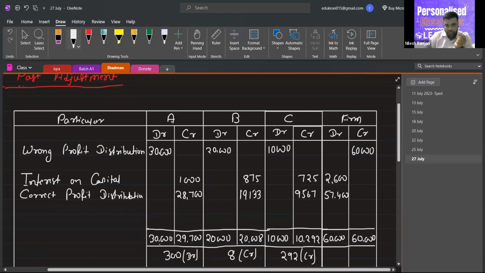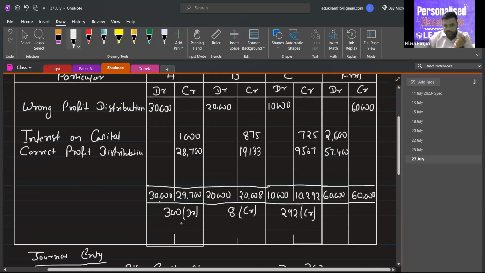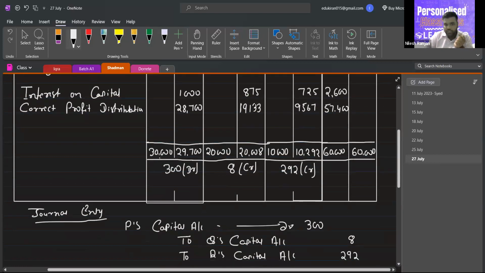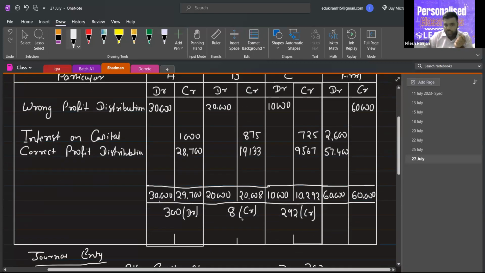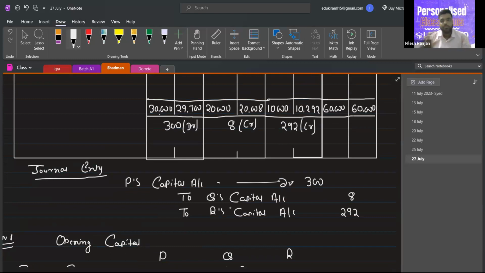So P capital account is on the debit side. Q credit, so Q capital account is on the credit side, and R capital account is on the credit side. It means P will bring the amount. Actually, wait. 30,000, 29,700. So P capital account is debited because he will give cash.